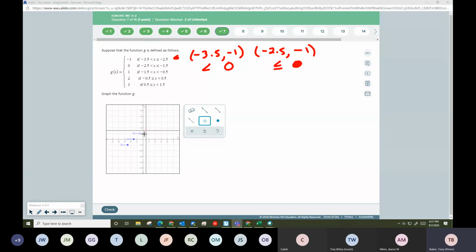All right, so the next one is going to be a closed dot at negative 1.5, and it's going to be at 2. And then an open dot at the 0.5 and the 2.